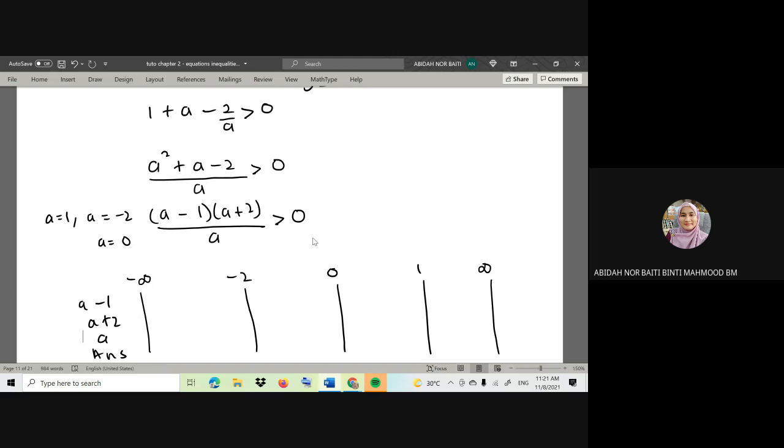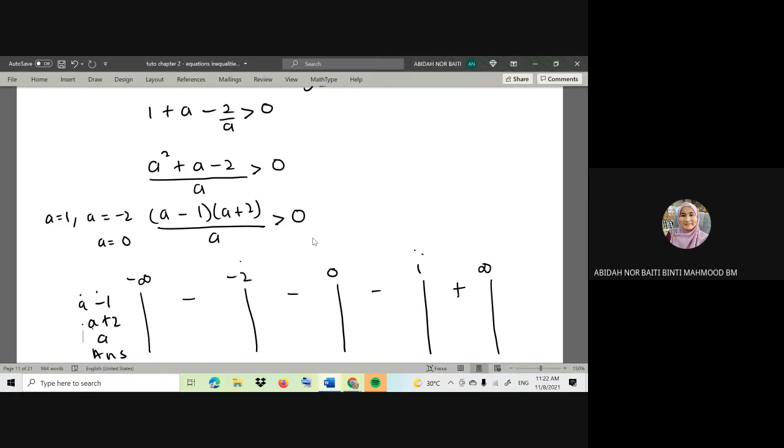Okay, so like before, a minus 1, your a is 1. So a is positive, so 1 to the right is positive, 1 to the left is negative. Okay, a plus 2, the value of a is minus 2. So from negative 2 to the right, we follow the sign of a here, which is positive.